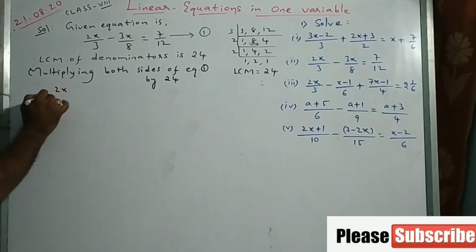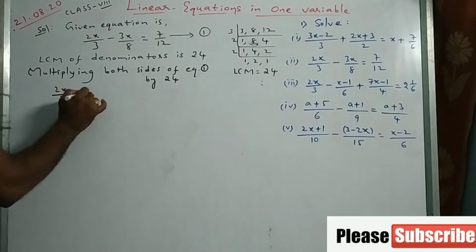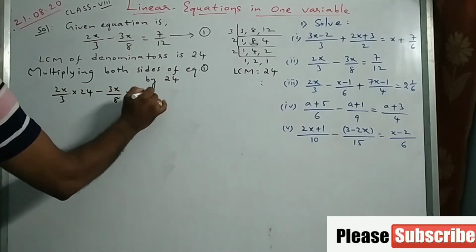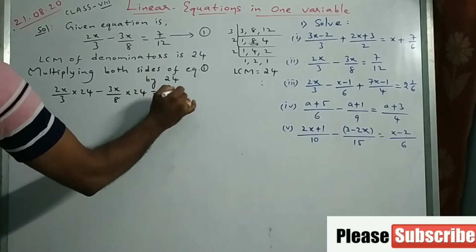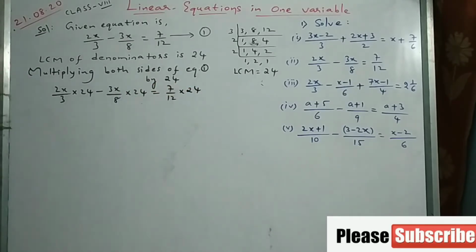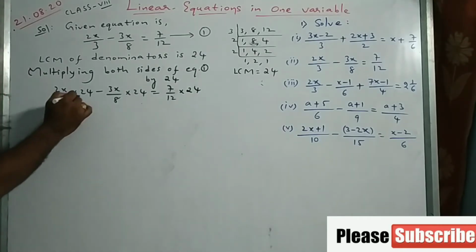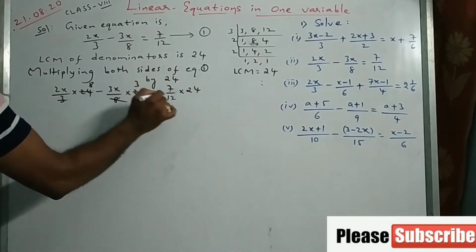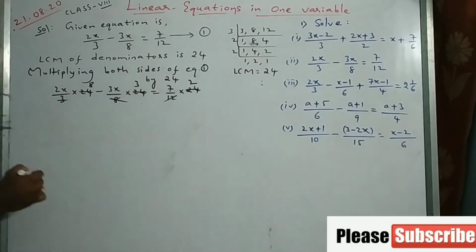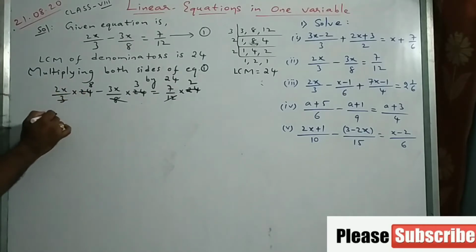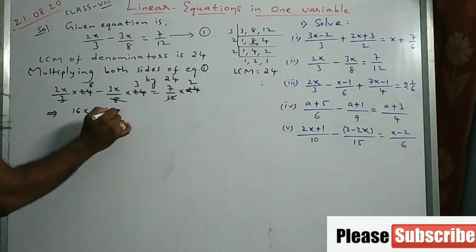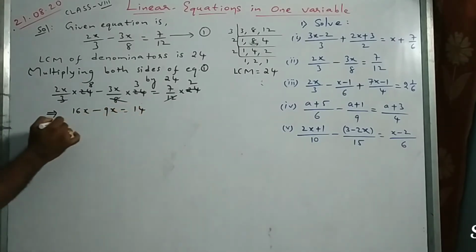So 2x by 3 into 24, 3x by 8 into 24, 7 by 12 into 24. So each and every term should be multiplied by 24. 3 8s are 24, 8 3s are 24, 12 2s are 24. So what is remaining here? 8 2s are 16, 3 3s are 9, 7 2s are 14.